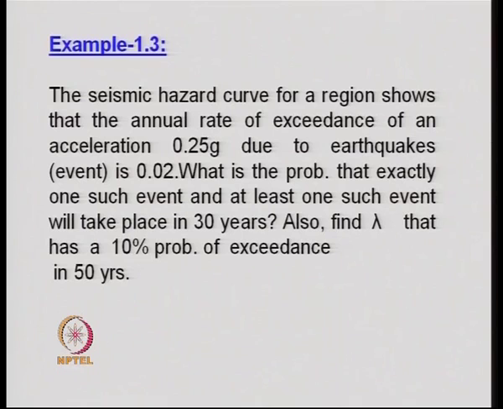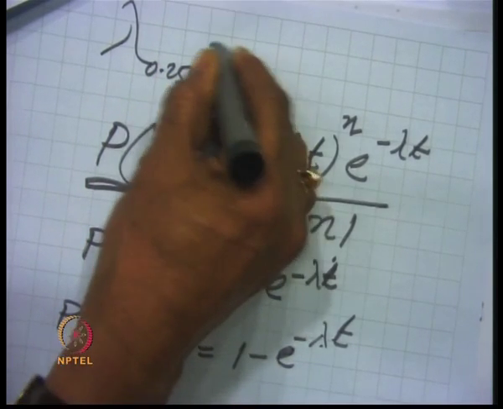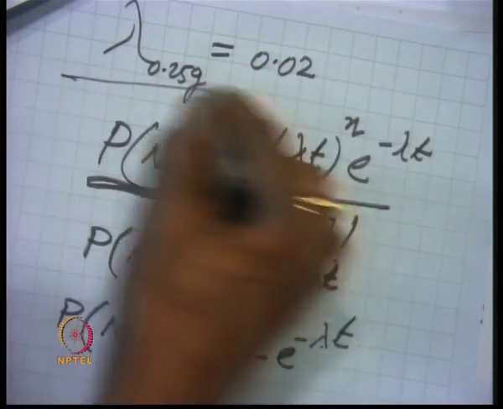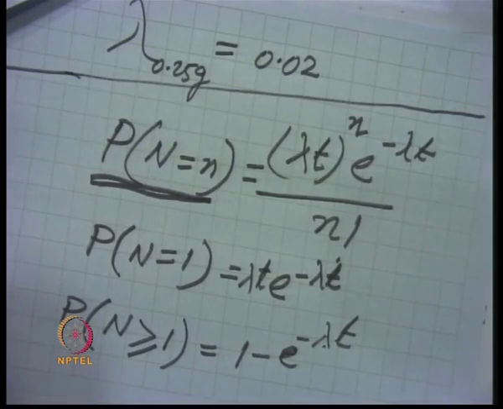Here the problem is: the seismic hazard curve for a region shows that the annual rate of exceedance of an acceleration of 0.25 g due to earthquake, that is lambda 0.25 g, is given as 0.02. So from the hazard curve plotted for the region, we get this value.